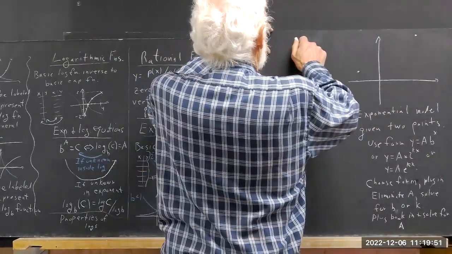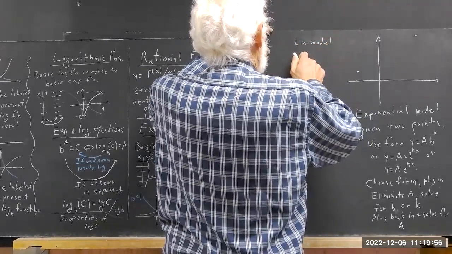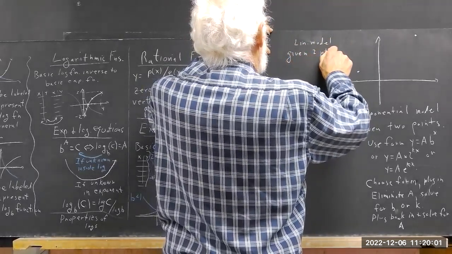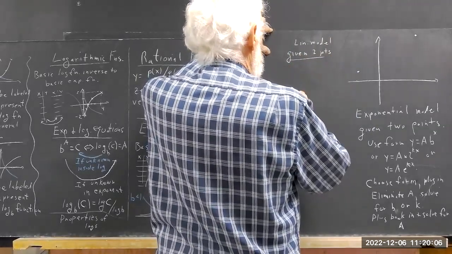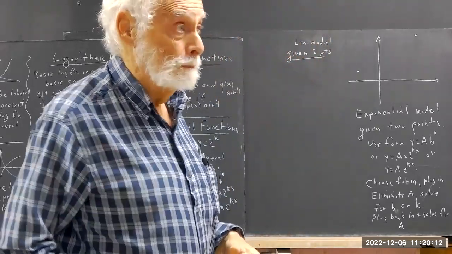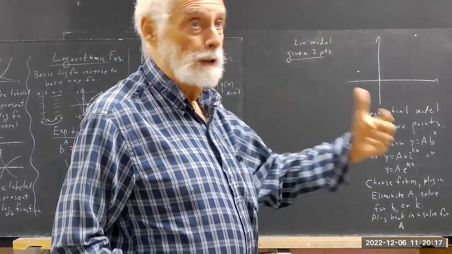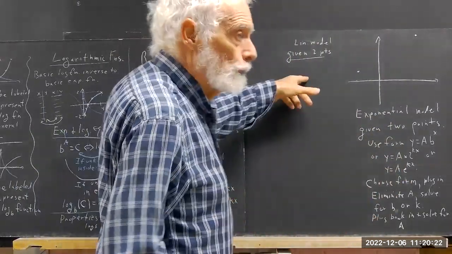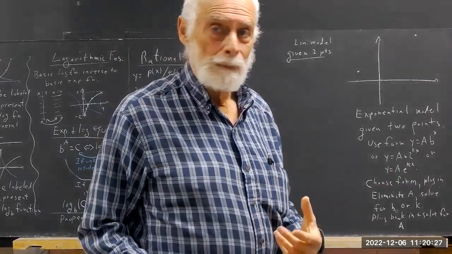Now linear model. Given 2 points, you could use the y equals mx plus b form. Okay. Or you could use y minus h equals m times x minus k, or you could use all kinds of forms. The form that's kind of preferable is the one that emphasizes solution by elimination.